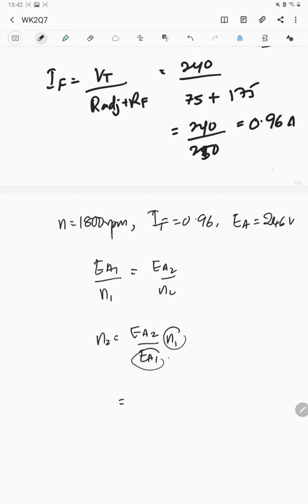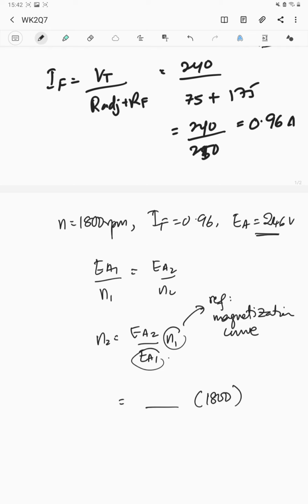This reference is what you get from your magnetization curve. Since this magnetization curve is plotted at 1800 RPM, this will be your N1, and then EA1 is this one. At this point we use this because with IF equal to 0.96 in both cases, the state of the flux in the machine is the same.